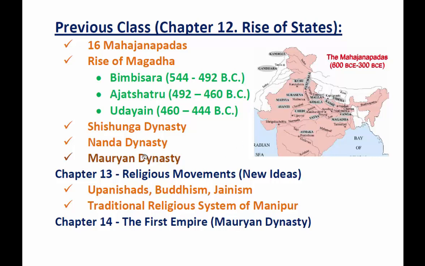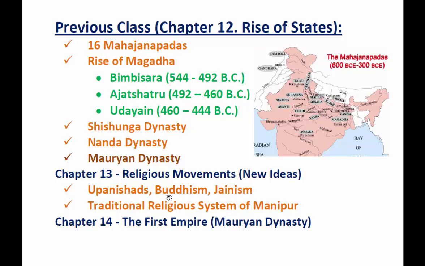And again, ultimately, the Nanda dynasty was overthrown by the Mauryan dynasty.